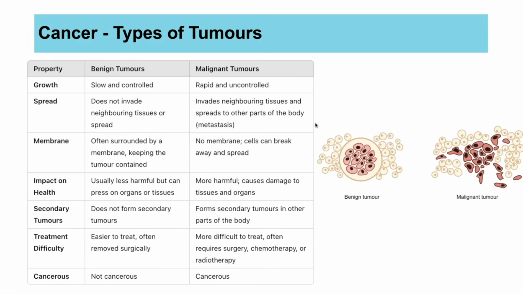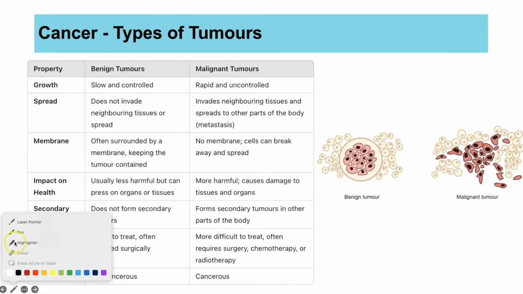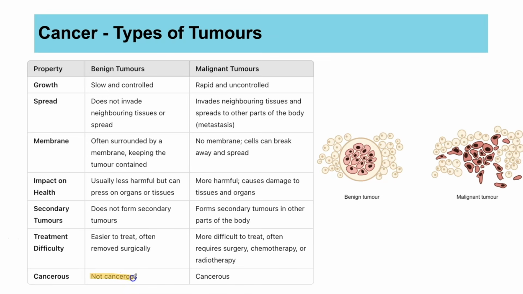There are two types of tumours that can form: a benign tumour and a malignant tumour. And here is our summary of the differences between the two. The main thing that you need to be aware of is that benign means it's not a cancerous tumour. Malignant means it is a cancerous tumour.